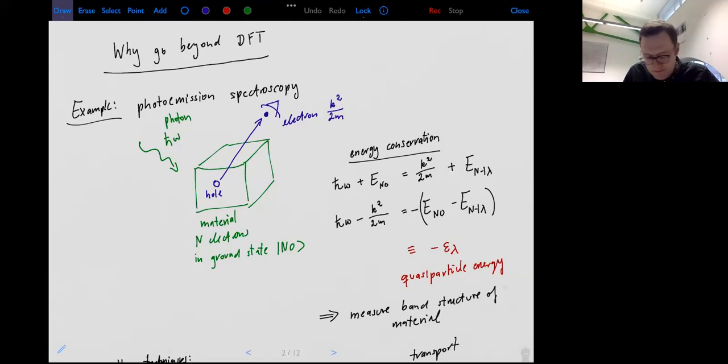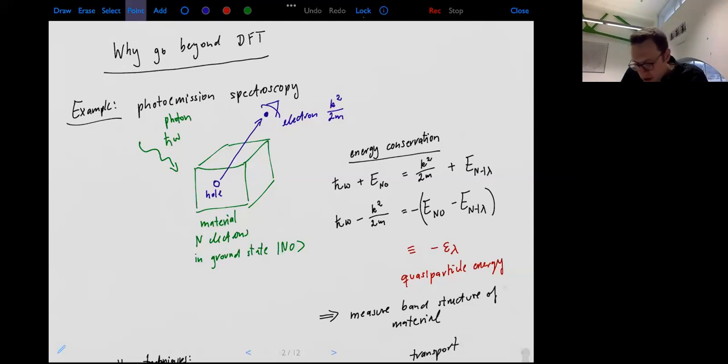So we first started with asking ourselves, why is there a need to go beyond density functional theory in modeling properties of materials? And the example that we used was photoemission spectroscopy, where essentially you shoot photons at a material, and by the photoelectric effect, this knocks out an electron, and what remains behind in the material is a hole.